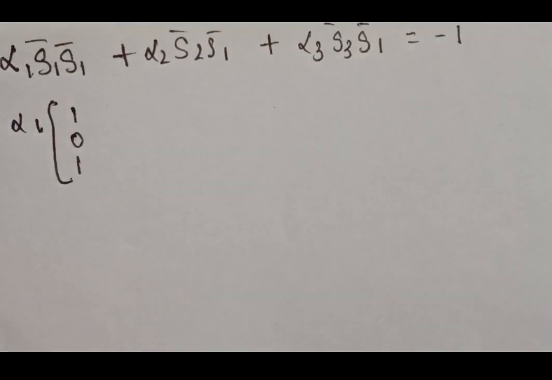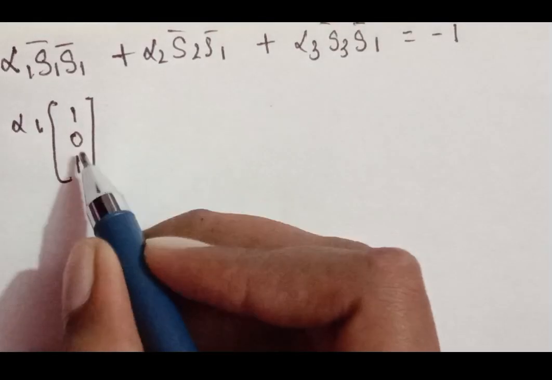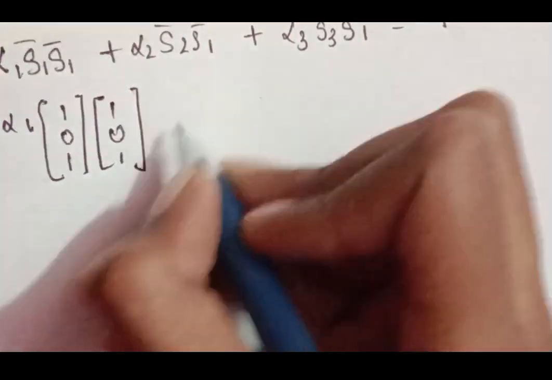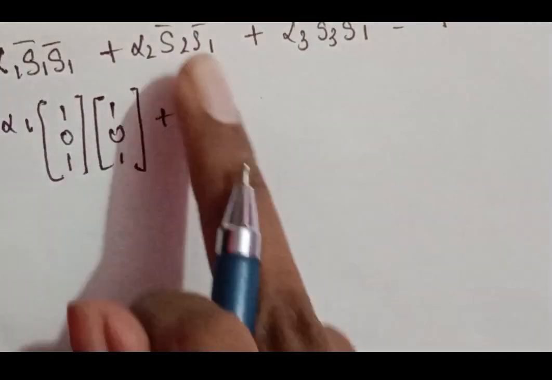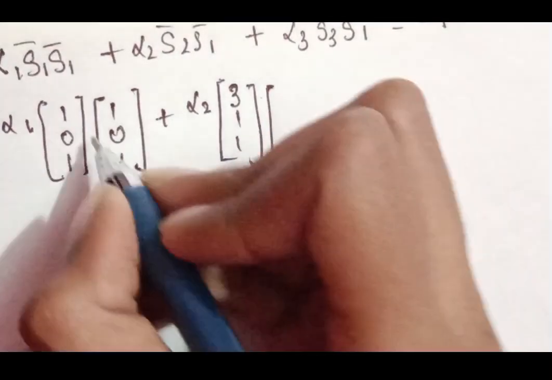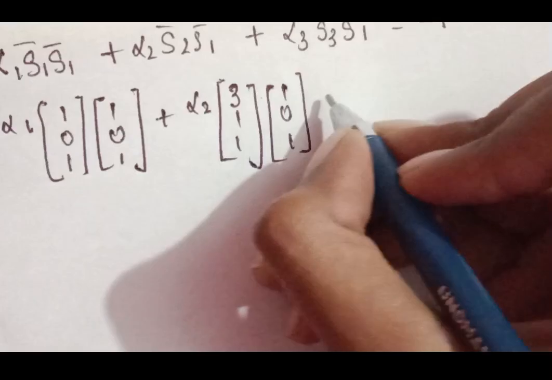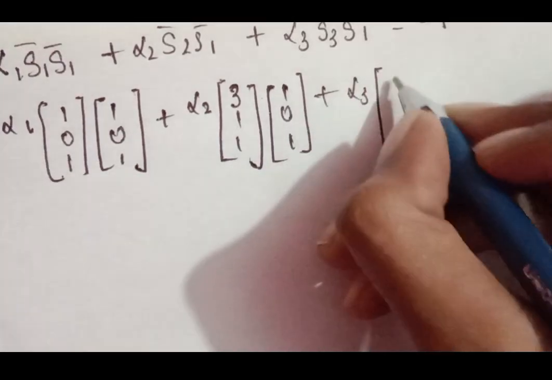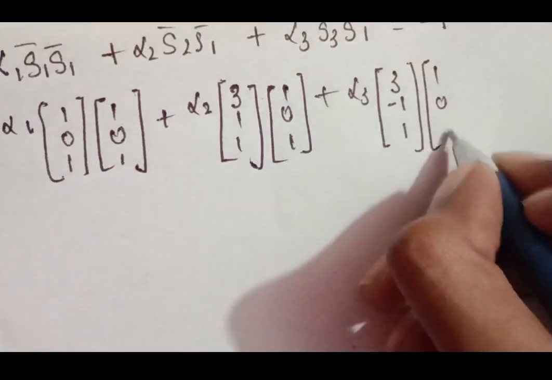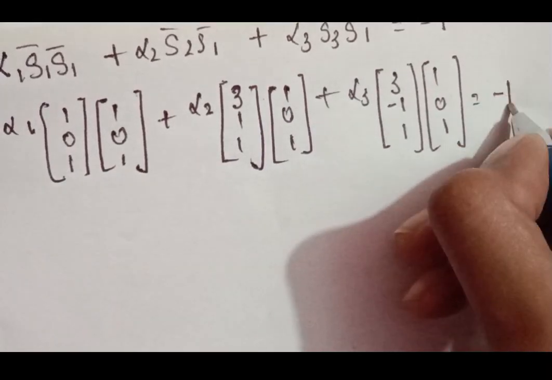So the same thing you have to substitute here: alpha 1 (1 0 1)(1 0 1), alpha 2 (3 1 1)(1 0 1), alpha 3 (3 minus 1 1)(1 0 1), which is equal to minus 1.